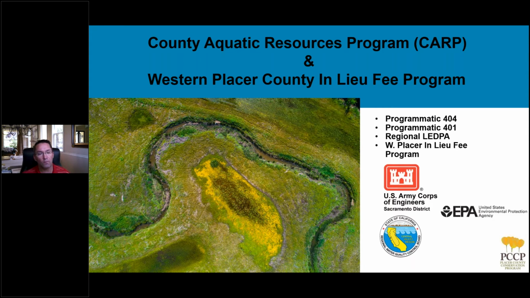If you're going to impact those, you're going to mitigate those, and you're also going to comply with all of our avoidance and minimization measures, mitigation measures through the fee program, best management practices, low impact development standards, a whole host of program requirements that we have.